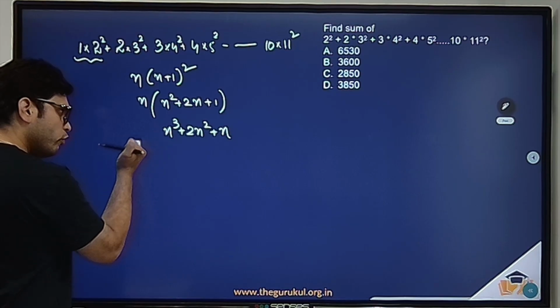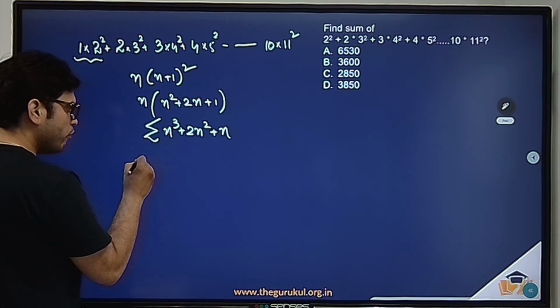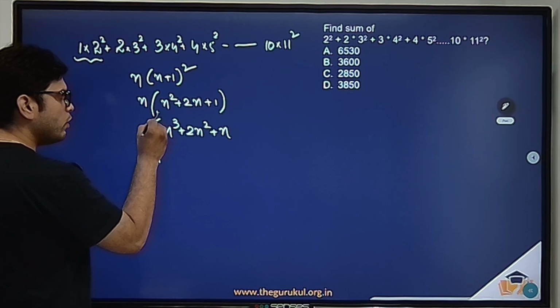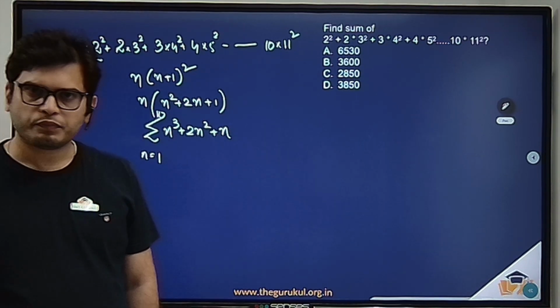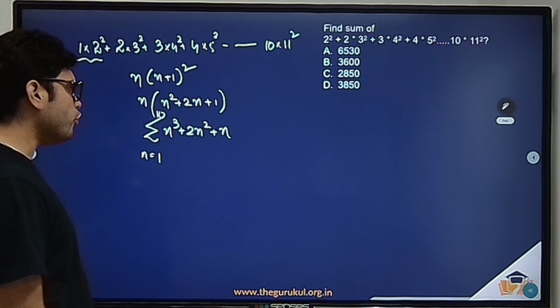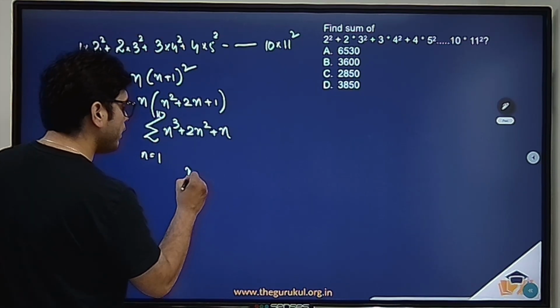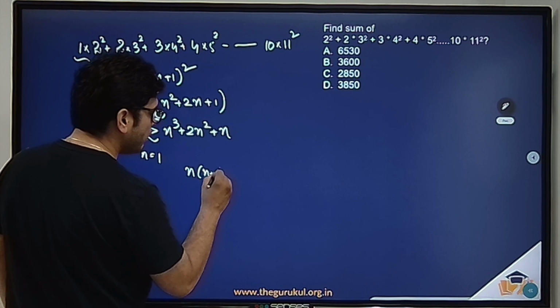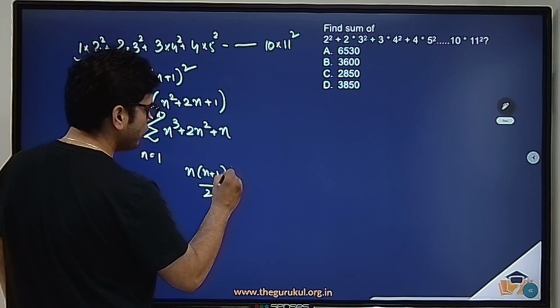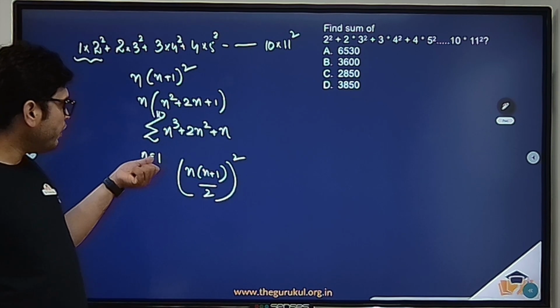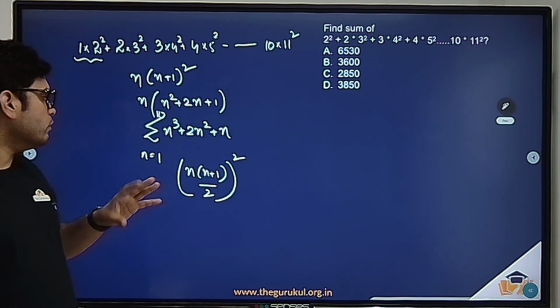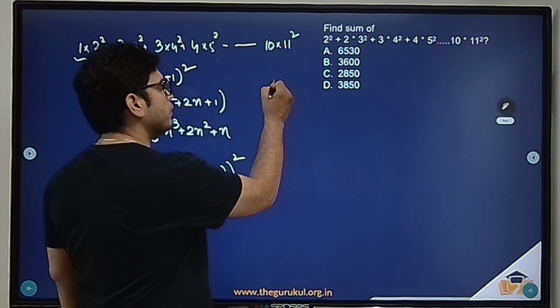Now we are asked to find the sum of these when n is equal to 1 to n is equal to 10. So sigma n cube. What is the formula to calculate the sum of the cubes? n into n plus 1 by 2 whole square. Here how many terms do we have? We have 10 terms, so the value of n is equal to 10.